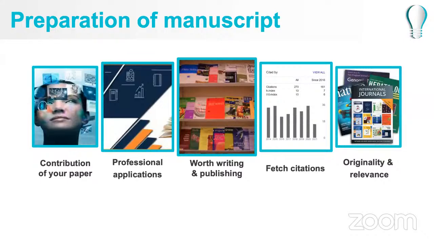You should take topics which have some professional applications, which you can proudly say is your contribution to your particular field. The article you write should fetch citations, right? Otherwise, what's the use? If nobody is going to use your article in their research, then what's the use of your study?